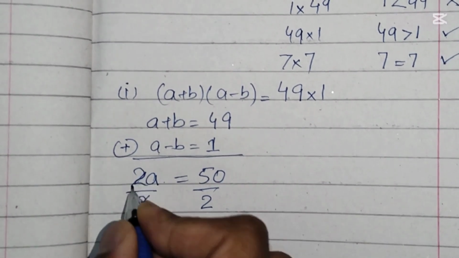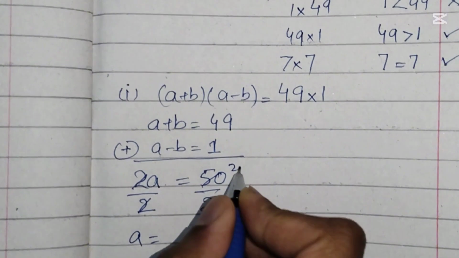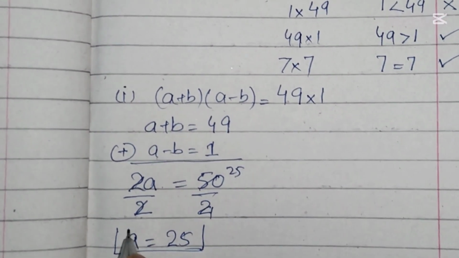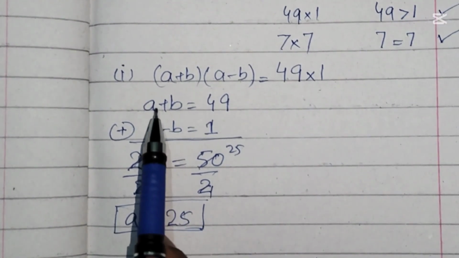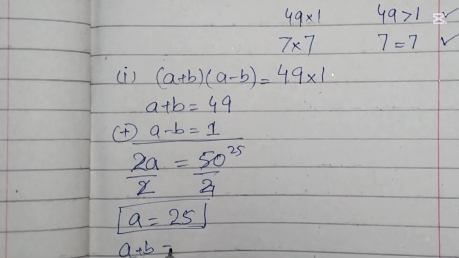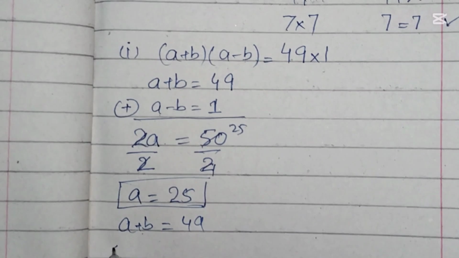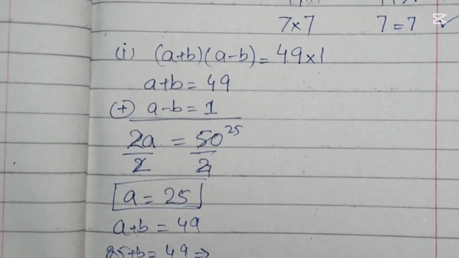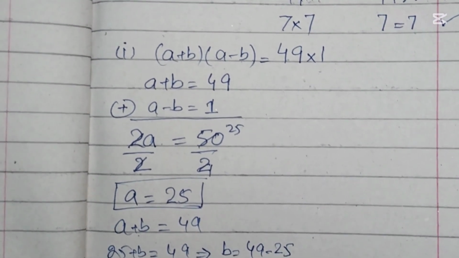We get a equals 50 divided by 2, which is 25. We get the value of a as 25. We will put this value of 25 in the given equation to find the value of b. a plus b equals 49, so 25 plus b equals 49, which means b equals 49 minus 25.